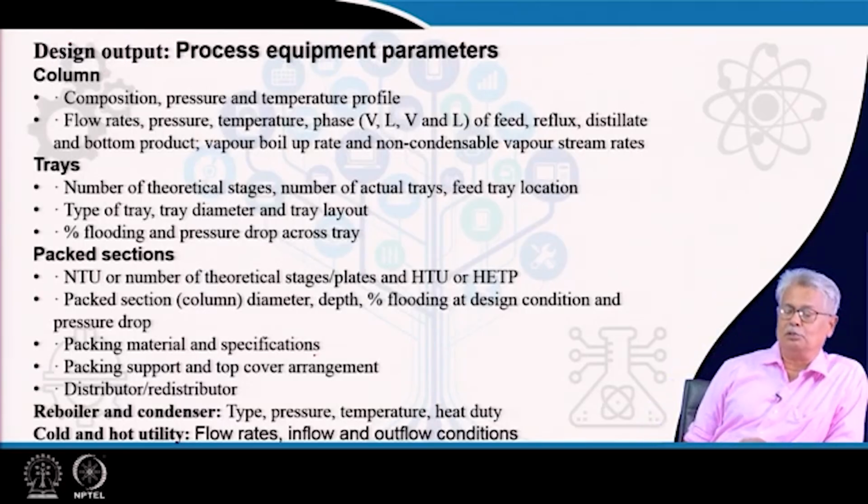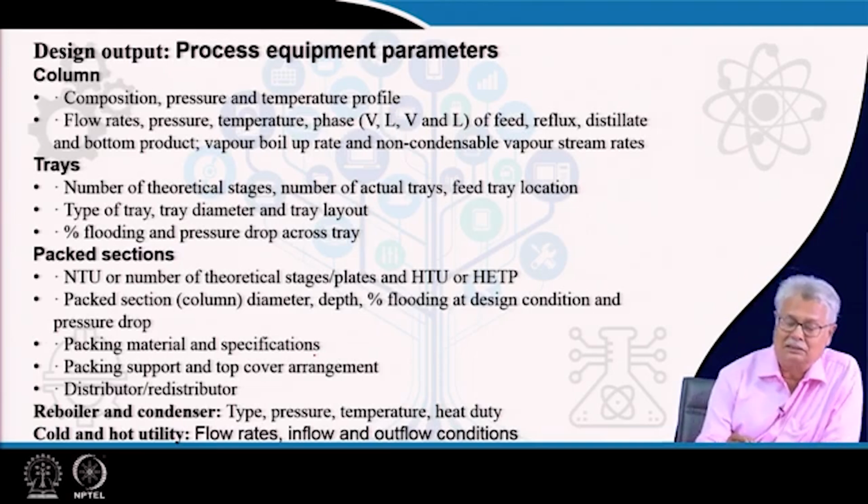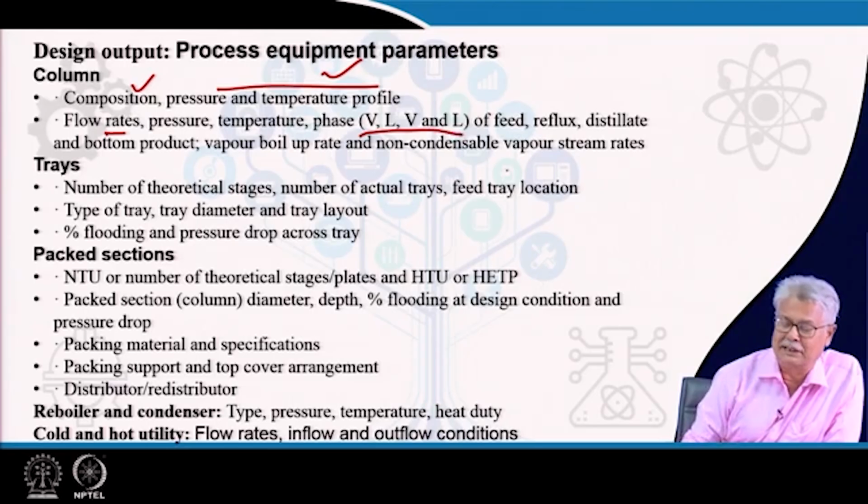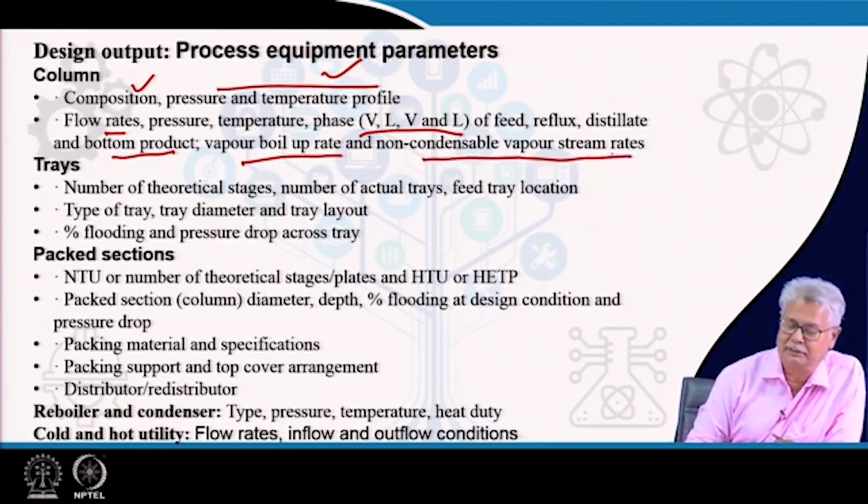Before going into the control scheme, we talk about the design output list. Naturally, regarding the column, we have a lot of process parameters. These are the composition, the temperature and pressure profile in the column that we already have decided, the flow rates across each tray and their phases of feed, reflux, distillate and bottom product, the vapor boil up rate and the non-condensable vapor stream rates.